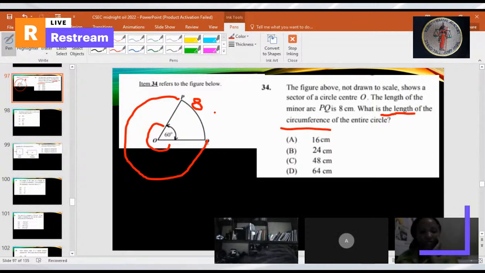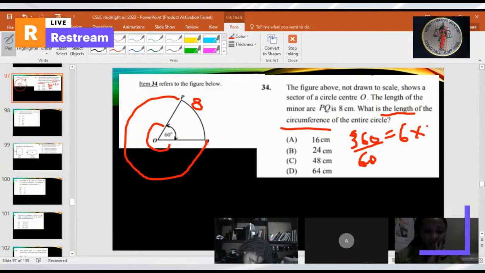So you're saying 360 divided by 60, multiplied by 8. All right, so 360 divided by 60 gives 6, times 8. 48 centimeters. Okay.